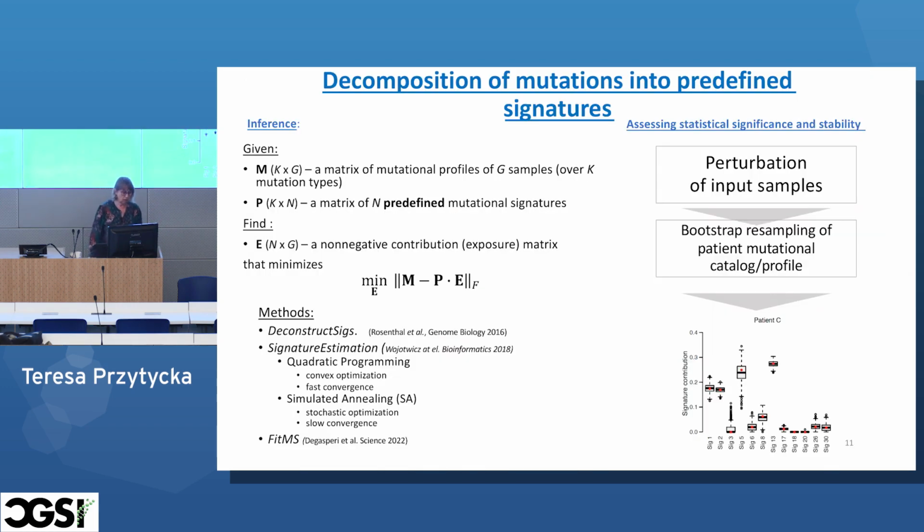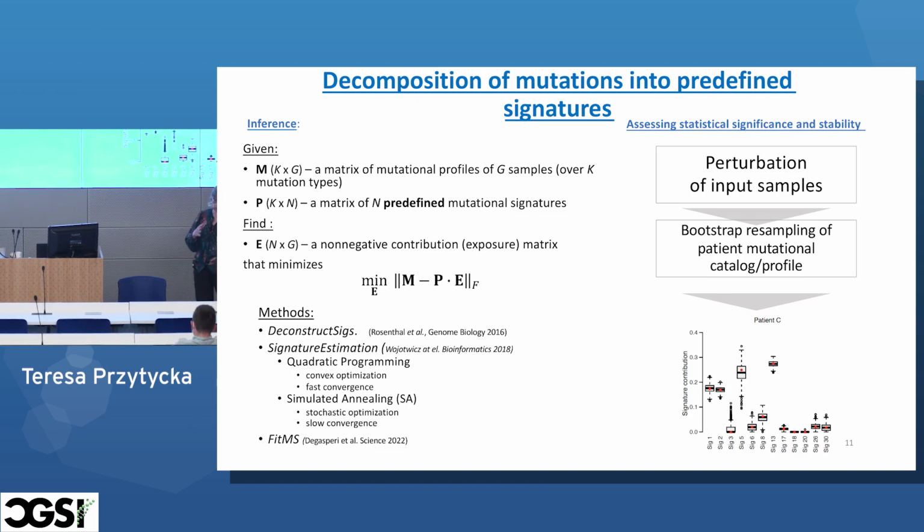However, before I move further on, since we are going to talk about computational challenges, assume that we now have all these mutational signatures defined. If you have a new patient, you would like to ask what mutational signatures are present in the genome of a given individual.